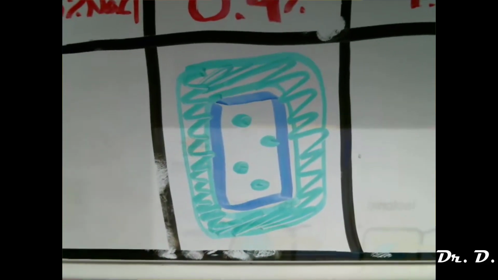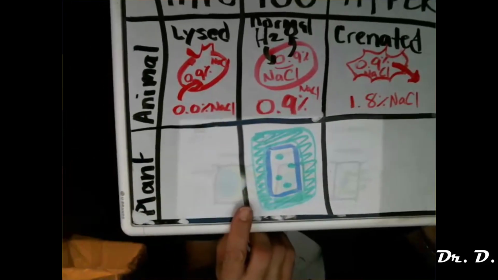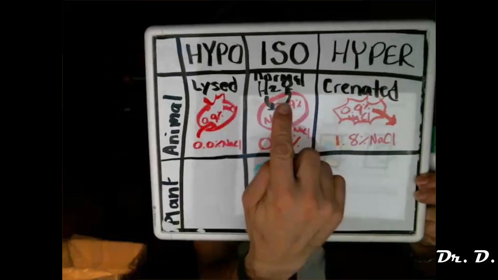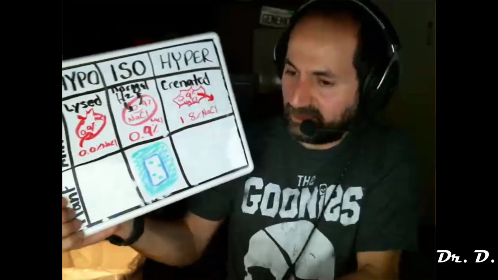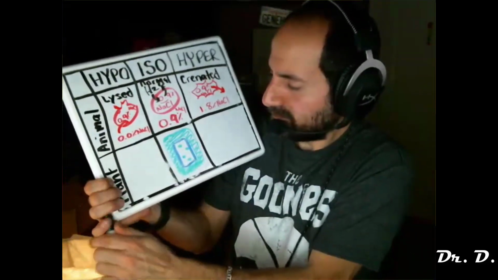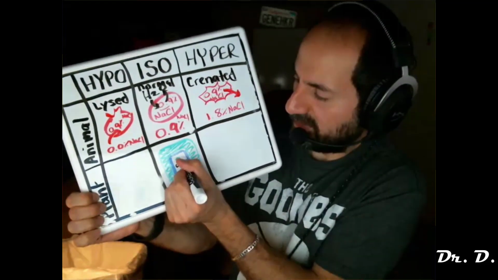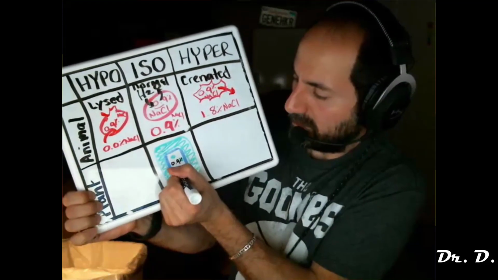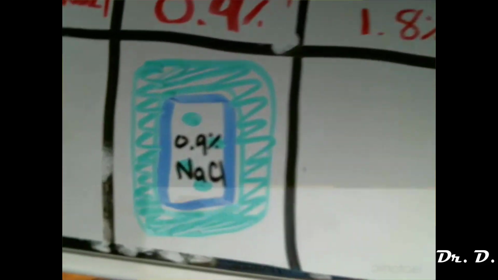So a plant cell, believe it or not, in an isotonic condition, let's say the plant cell has 0.9% salt inside.